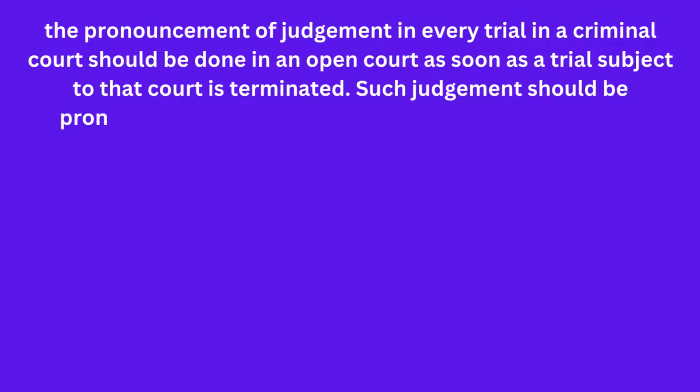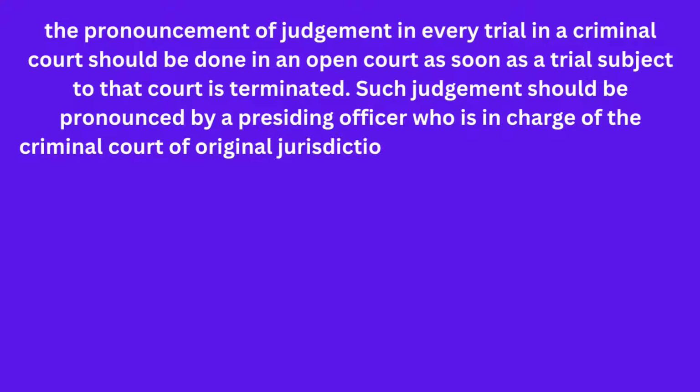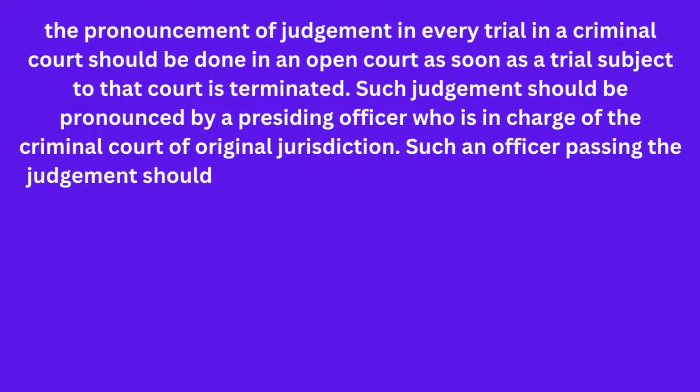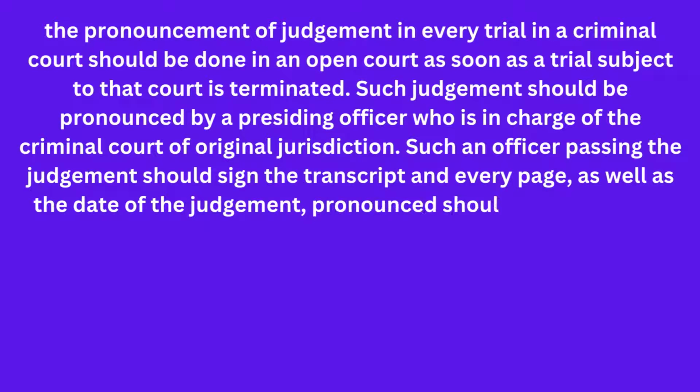Such judgment should be pronounced by a presiding officer who is in charge of the criminal court of original jurisdiction. Such an officer passing the judgment should sign the transcript on every page, and the date of the judgment pronounced should be attached to such a document.